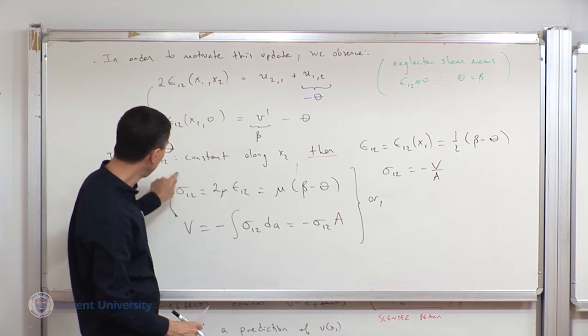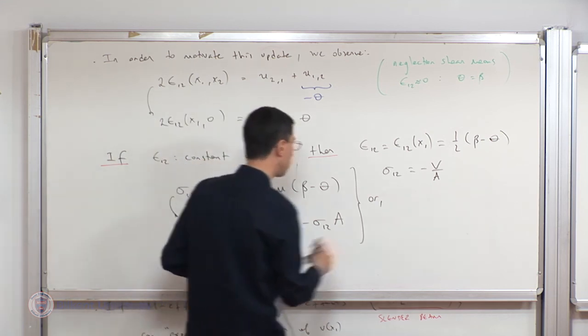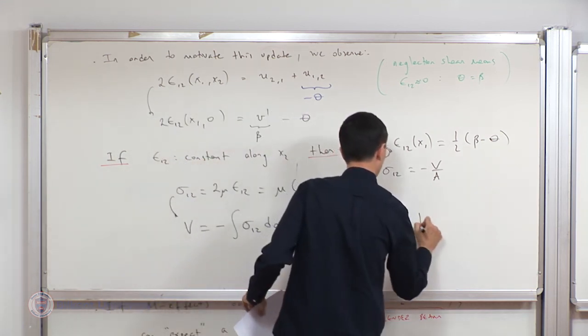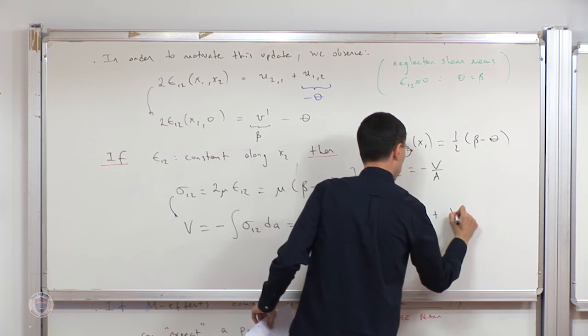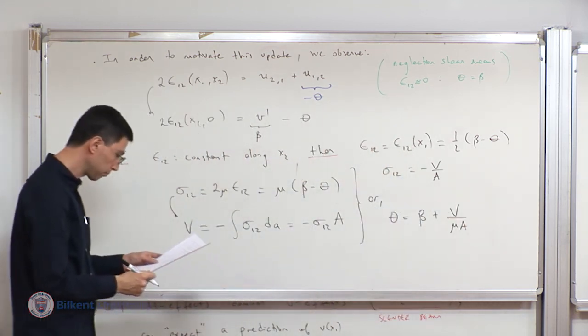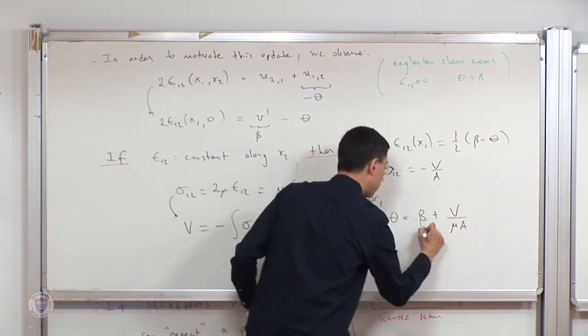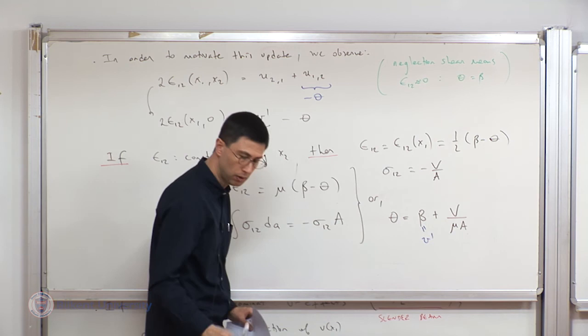And therefore, what I can do is put minus V over A to the right and theta to the left-hand side and write theta is equal to beta plus V over mu A. Okay. Beta, I remind you, is v prime, right?